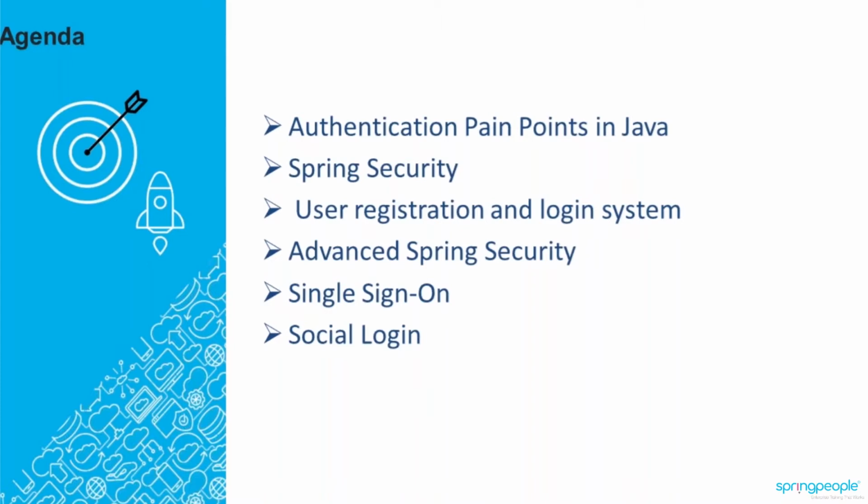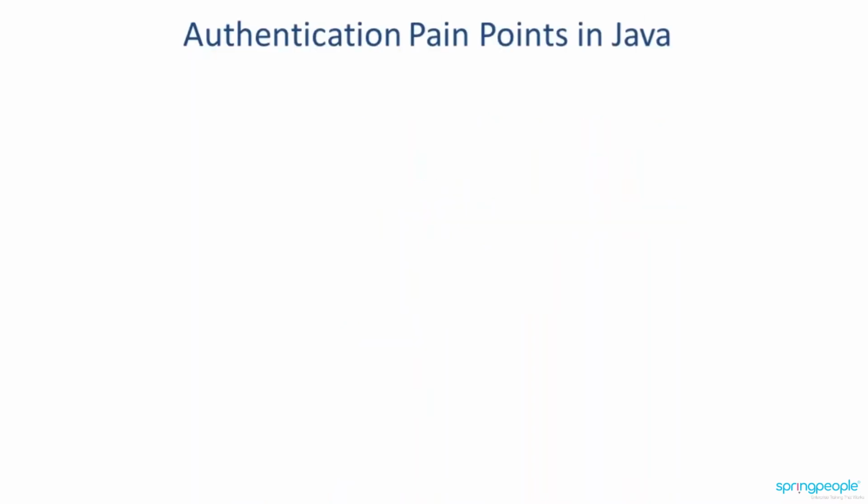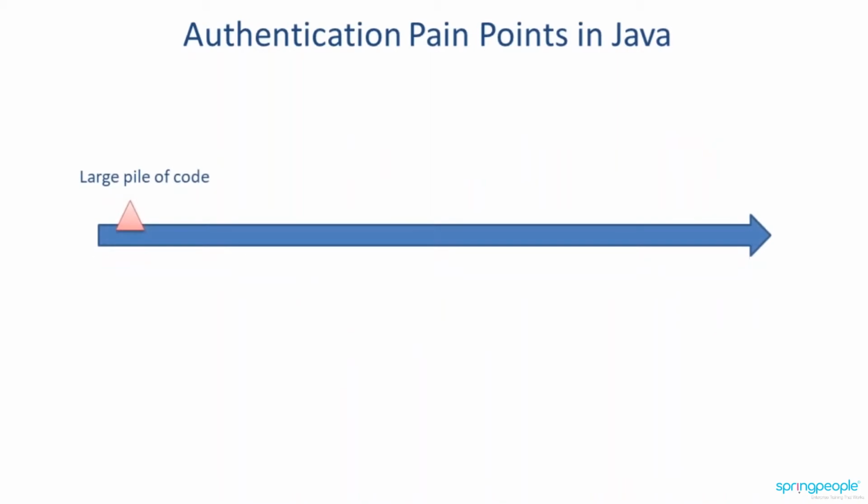So let's not wait for anything else. We'll start with the authentication pain points in Java. Whenever we are working with authentication, when you hear this terminology, we have two things in our mind: one is authentication and one is authorization. That is, how to secure my application with different roles or different permissions.